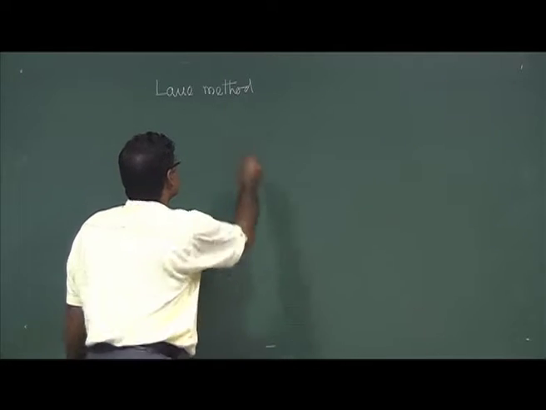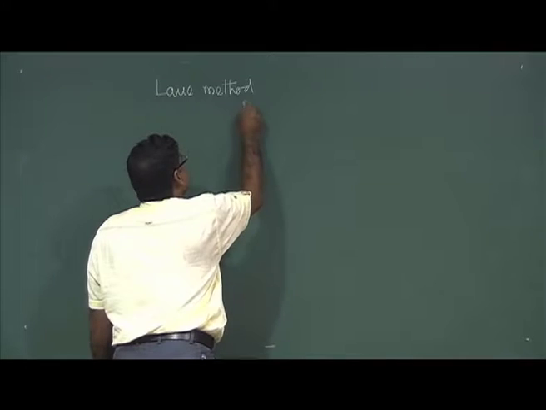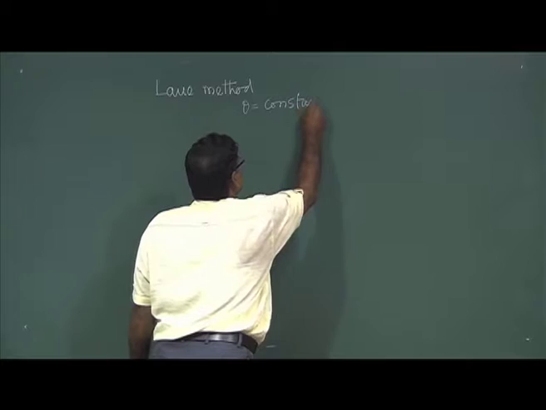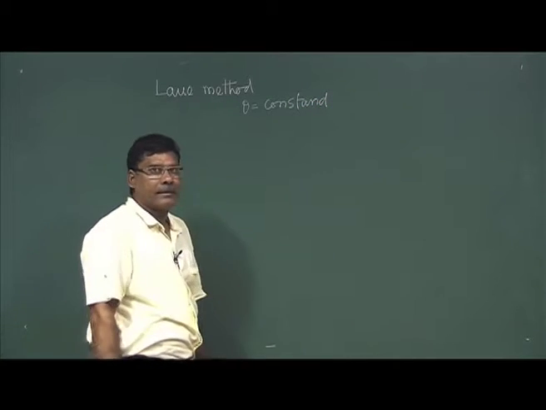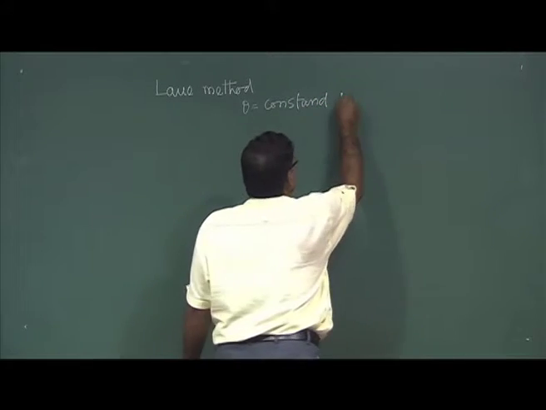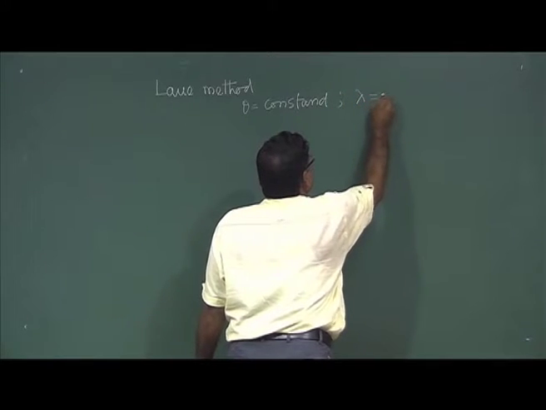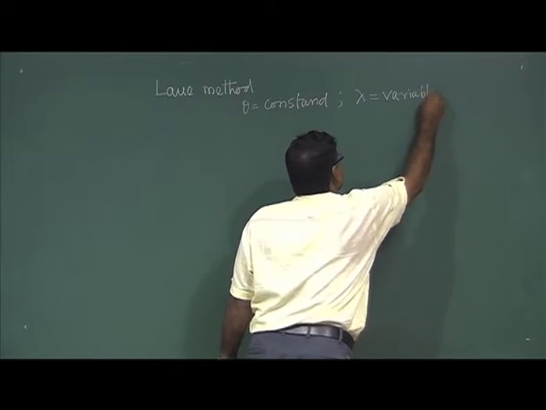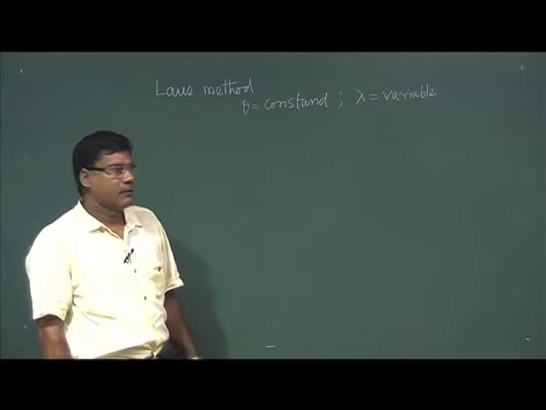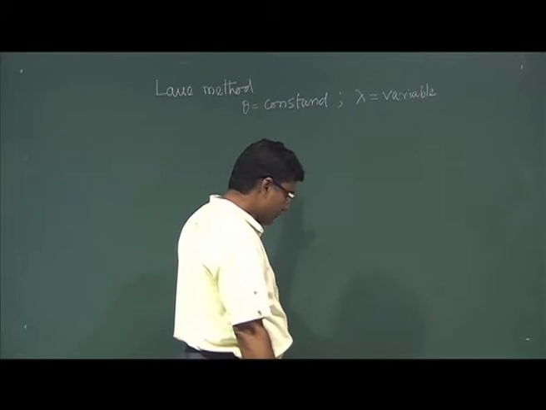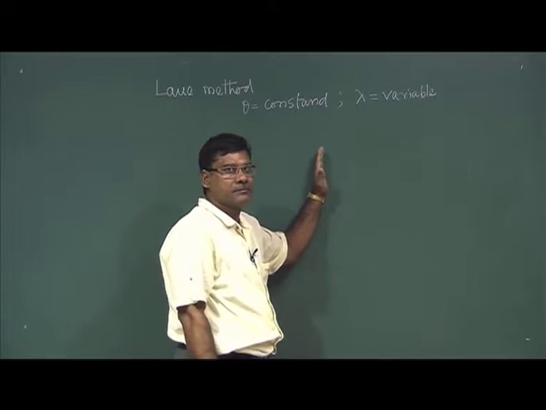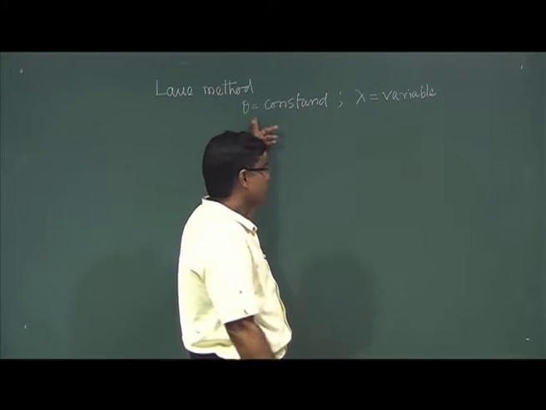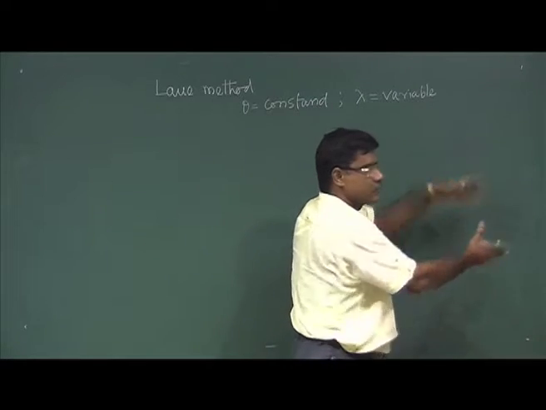In this method, theta is constant and lambda is variable, right, and we have seen that from the crystal, for a particular angle, the diffracted rays are on a cone.